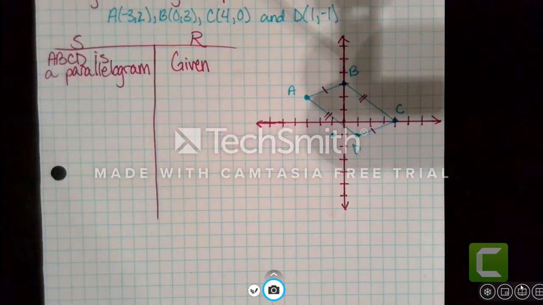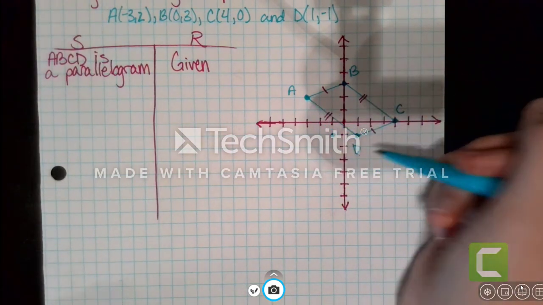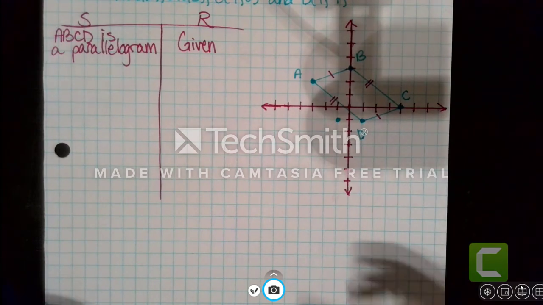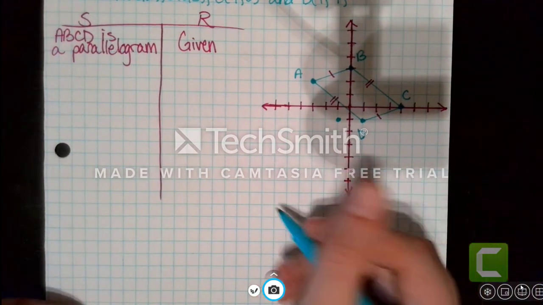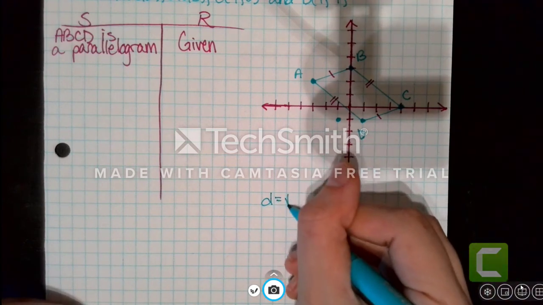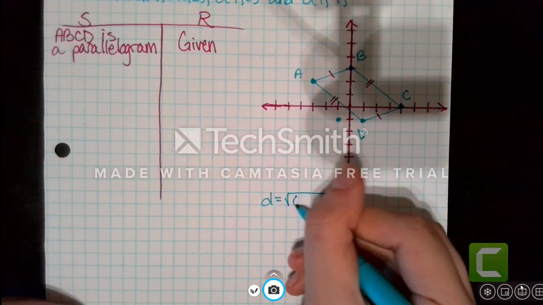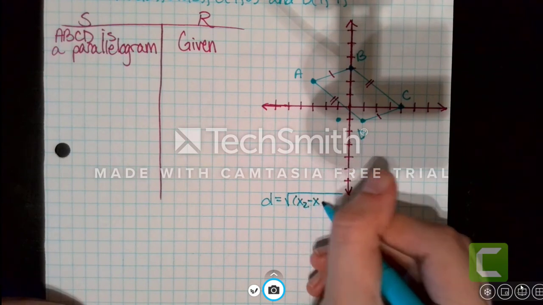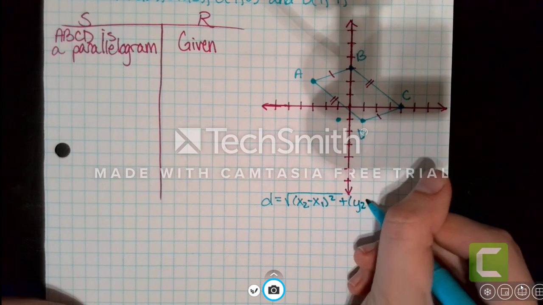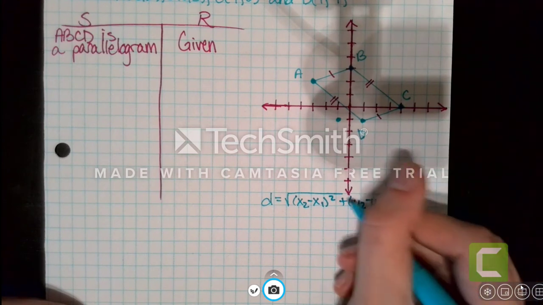So to start, let's find the distance for AD. Now the distance for AD can be done either with the distance formula, and that distance formula can be written as d is equal to the square root of x2 minus x1 squared plus y2 minus y1 squared.